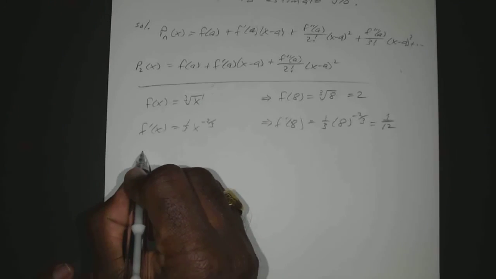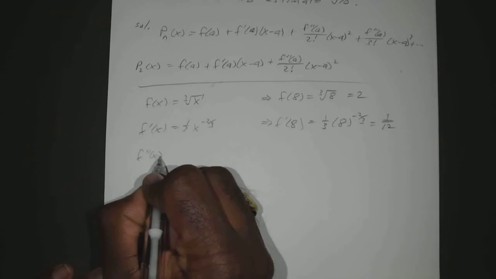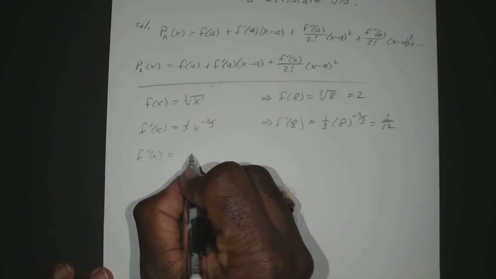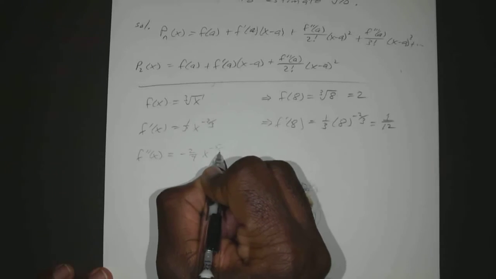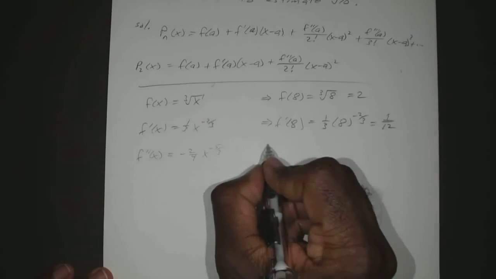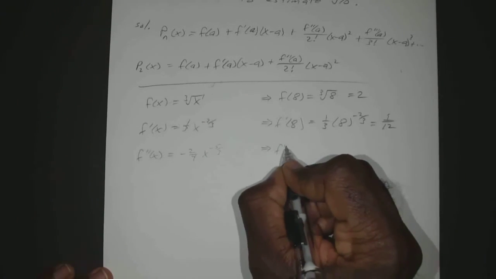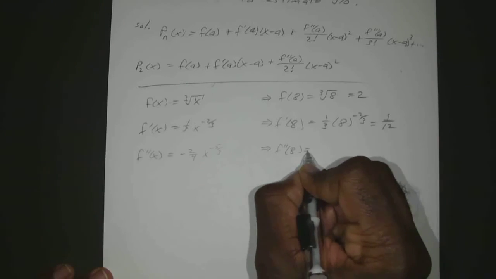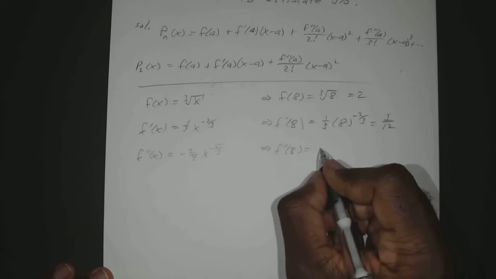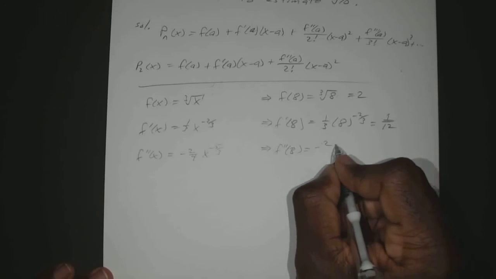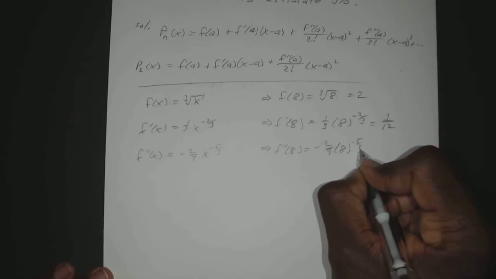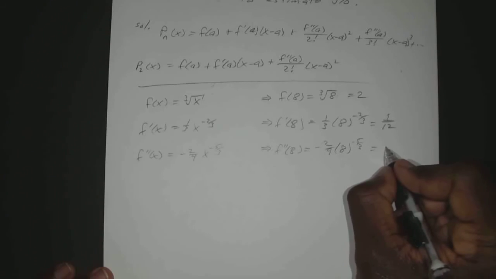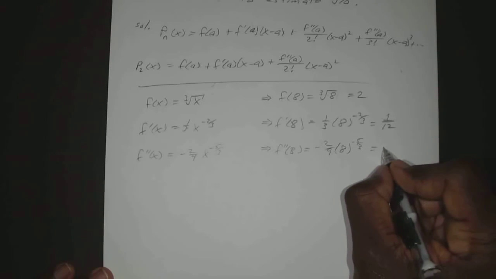Our second derivative is equal to negative 2 over 9 times x to the negative 5/3. Our second derivative at 8 is equal to negative 2 over 9 times 8 to the negative 5/3, which is negative 1 over 144.